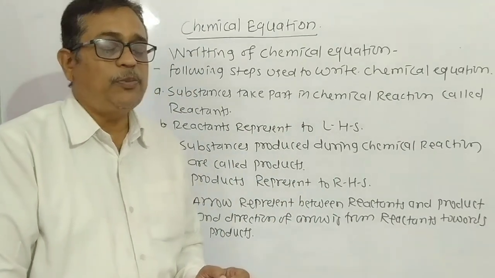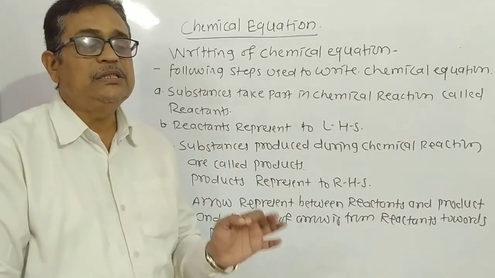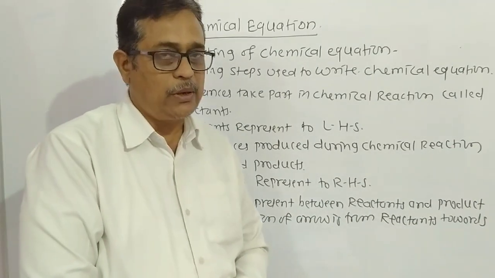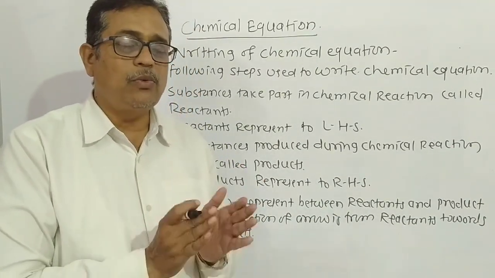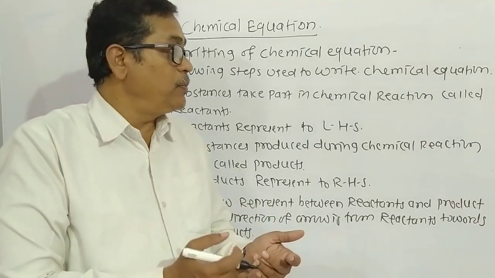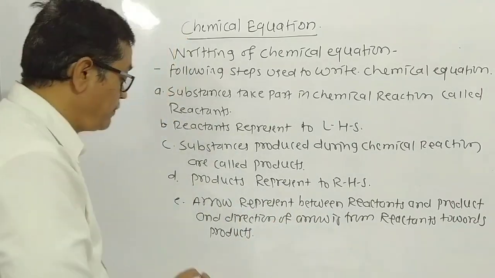Then one important point: a plus sign is given between two or more reactants or two or more products. If there are two or more reactants, then give the plus sign. If there are two or more products, then also give the plus sign.